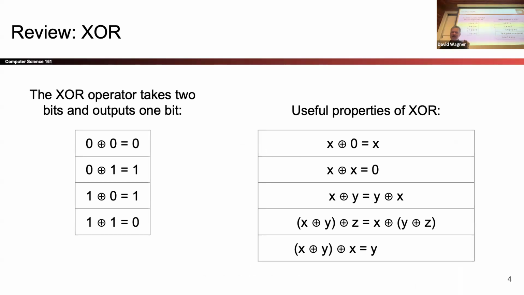And the one-time pad is going to use exclusive OR. The exclusive OR operation is addition, but like clock arithmetic, modulo 2. If you take something and you XOR it with 0, it stays unchanged.